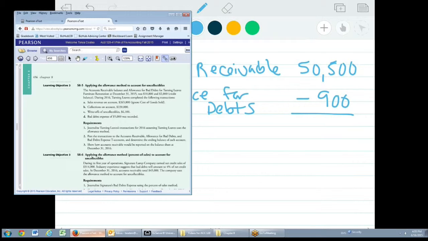So this is what our balance sheet would look like. We would be reporting the net amount of $49,600.